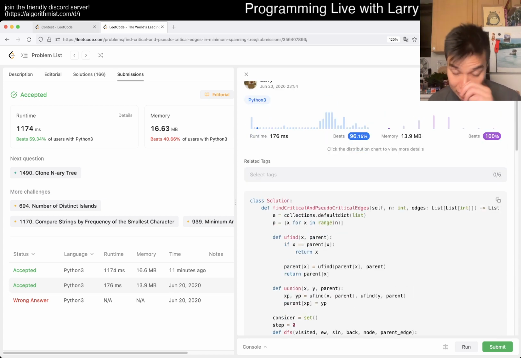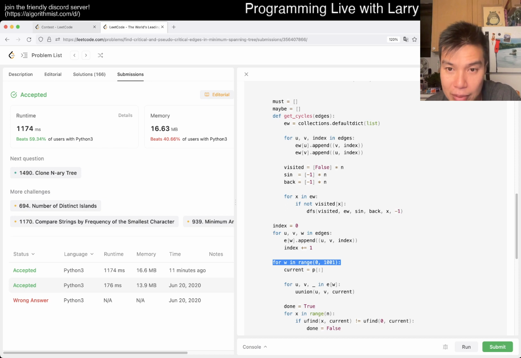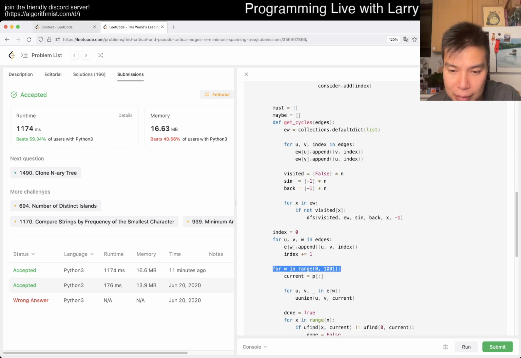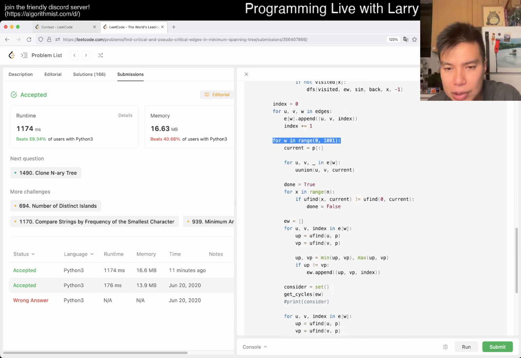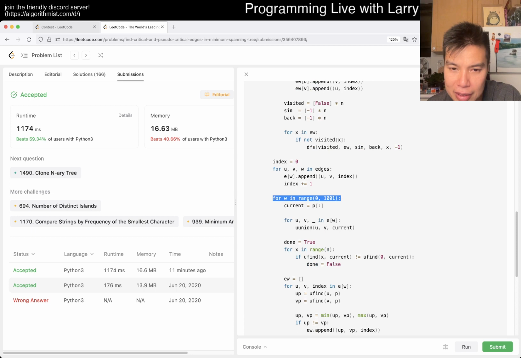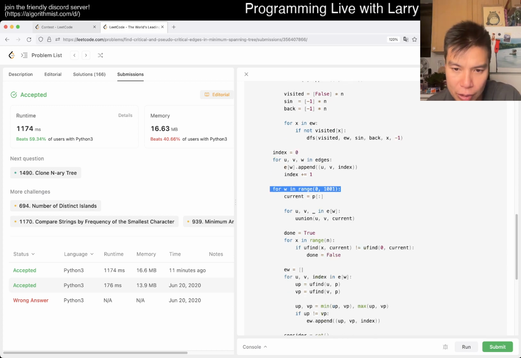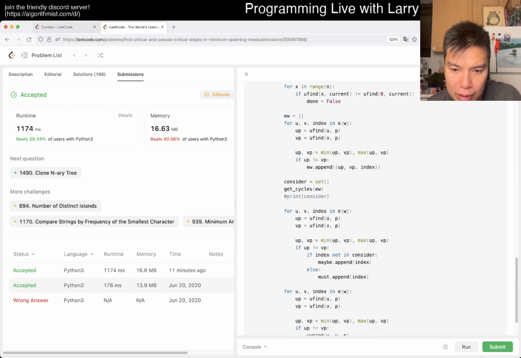I guess it's probably on average faster than the sorting. But basically, we're doing all the weights together, and the cycle finding is linear. So this is Y and this is V times Y at most, versus Y squared, which maybe for certain inputs is much better.